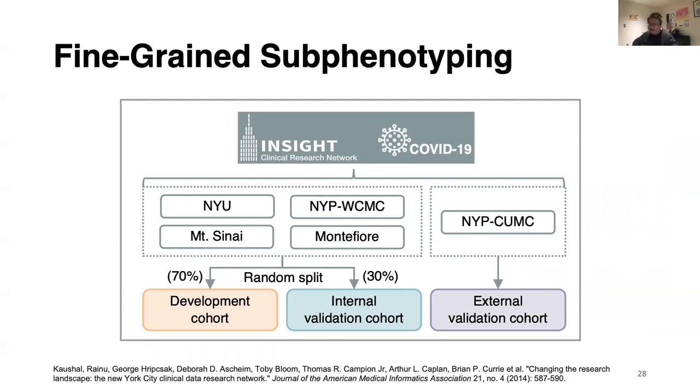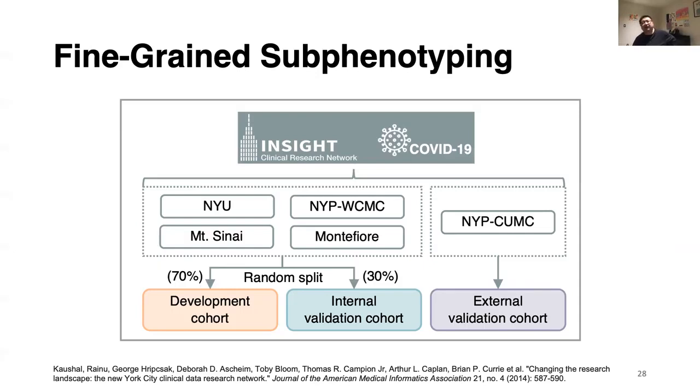But another thing, as we explained in the deep phenotyping concept, is that we also want to identify the homogeneous subgroups among the COVID-19 patients to understand if there are any homogeneous groups which may represent different disease mechanisms. So we have done some study based on the INSIGHT data, which is a clinical research network across New York City.